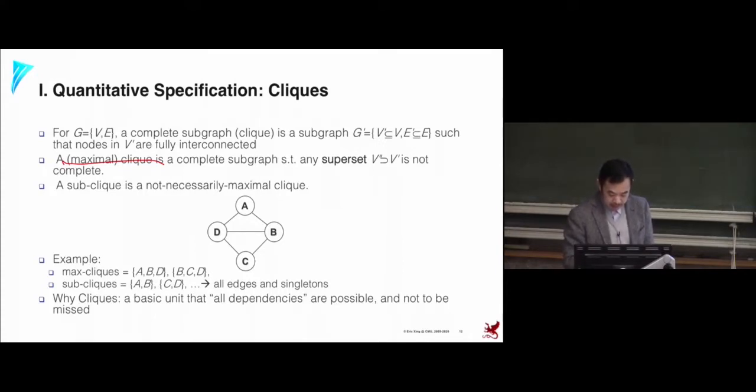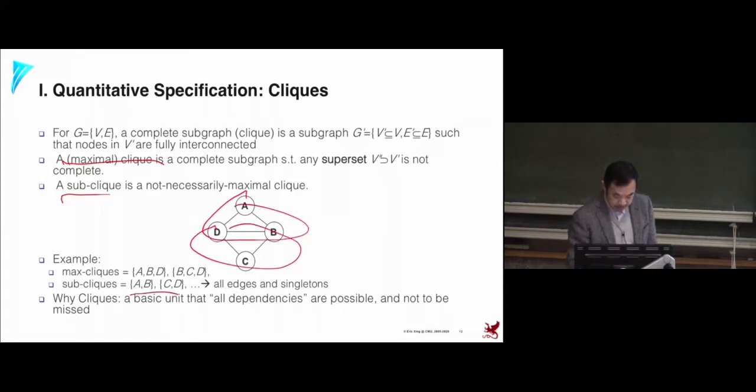A max clique is a clique within a graph in the sense that if you add any additional node from the graph on top of this clique, you don't have a clique anymore. Then a subclique is something that is within the max clique. Here are some examples. You can clearly see that we have 2 cliques here, and then we have a few subcliques.